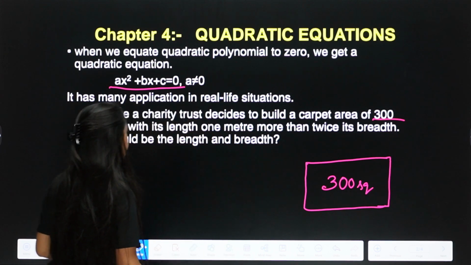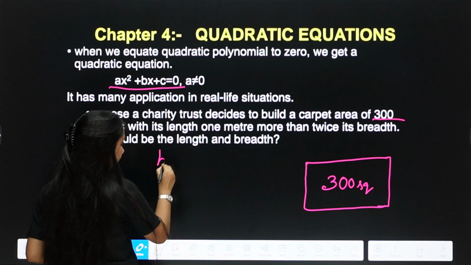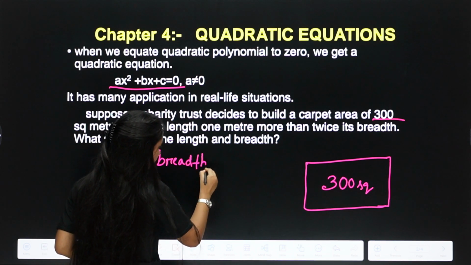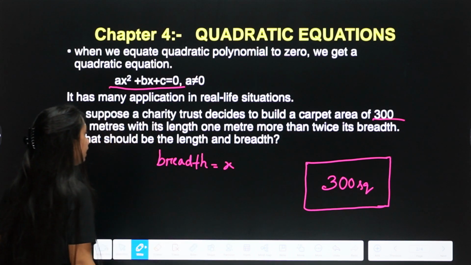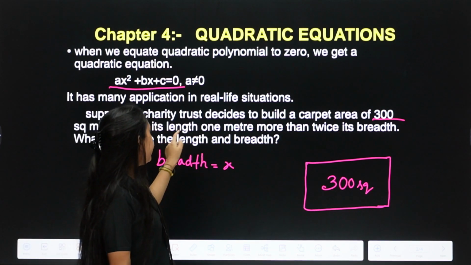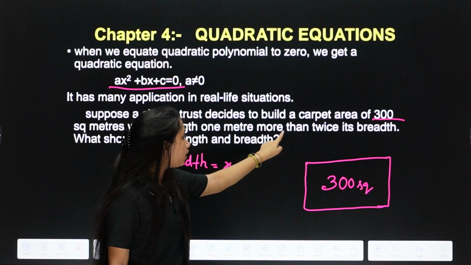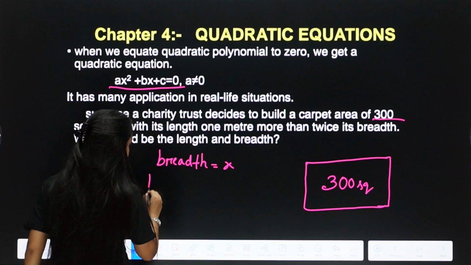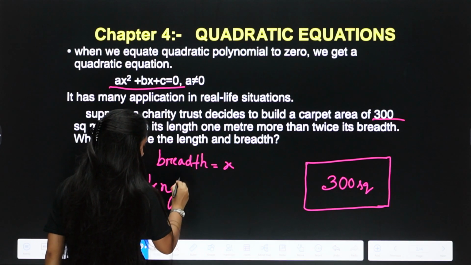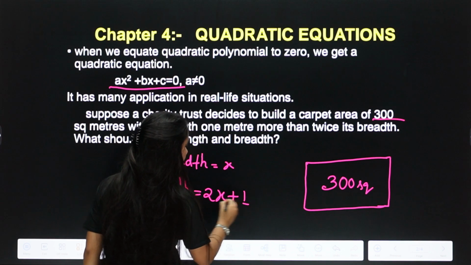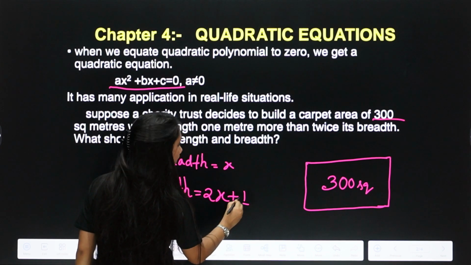So, for example, the breadth is x. Then we are asked to find the length. Then what will be the length? Length is 1 meter more than twice its breadth. So, length is equal to 2x plus 1, that is twice the breadth plus 1.